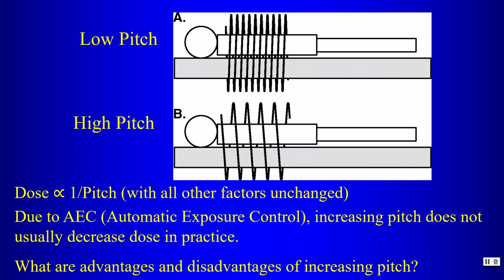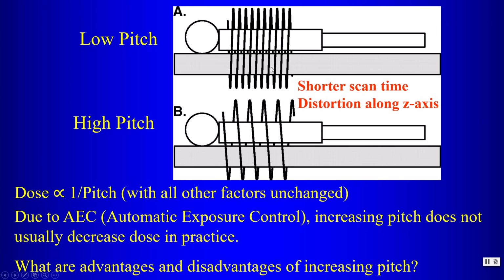Now, what are the advantages and disadvantages of increasing the pitch in your protocols? If you have a high pitch scan, you can scan the anatomy much faster because it takes fewer revolutions of the gantry to get through the particular anatomy that you're scanning.